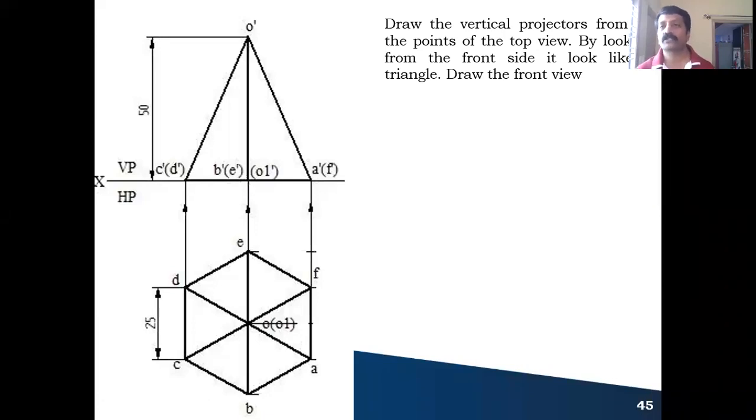That's why I cannot show the axis line, but it is there. You are looking from the front side: A, B, C you can see, you cannot see D, E, F. That's why D, E, F should be written within brackets. So this completes your initial position, both the front view and top view.